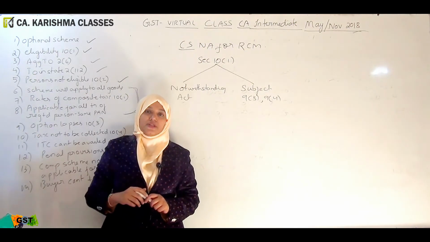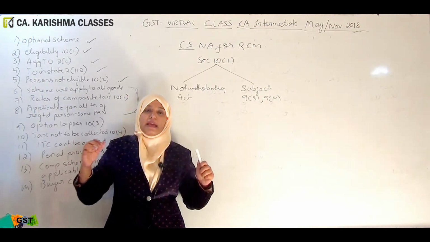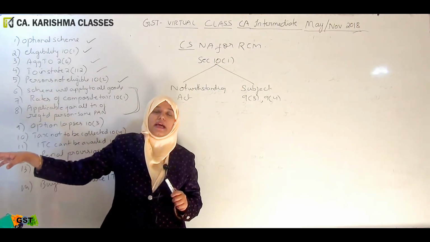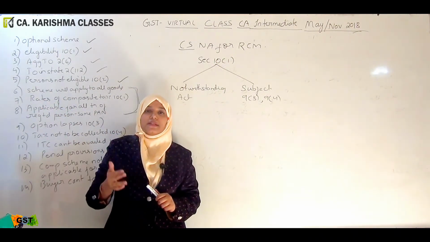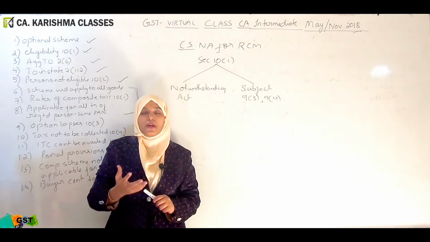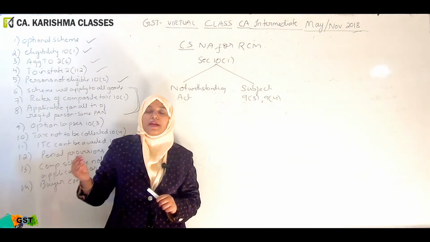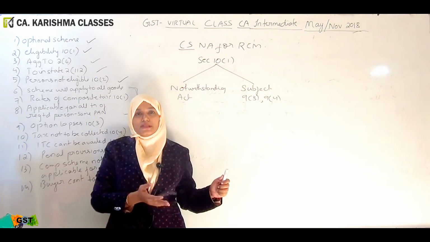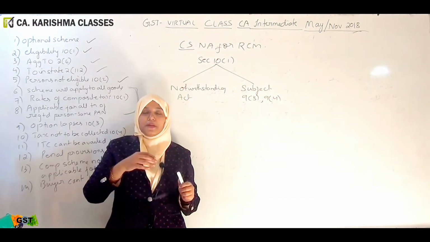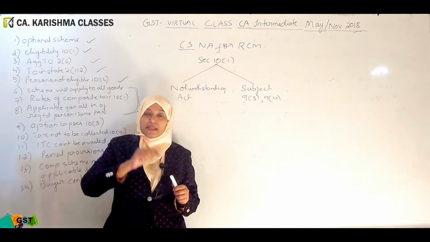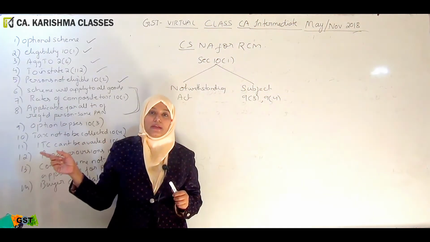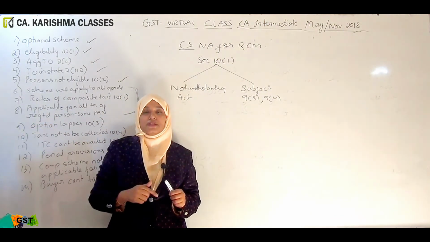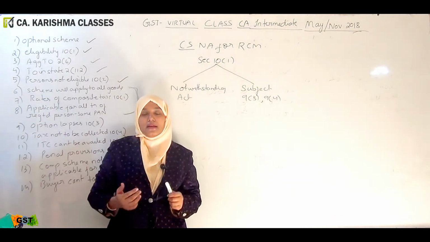See, this composition scheme is an independent scheme. It overrides the regular law. What does it override in the regular law? Like point number 1, the regular supplier's tax rates are different, high rates, whereas in composition scheme the rates are different. So if a person has opted for composition scheme, this rate will apply but not the regular rate. The regular supplier is taking input tax credit, but for the composition supplier, the section says you can't take credit.